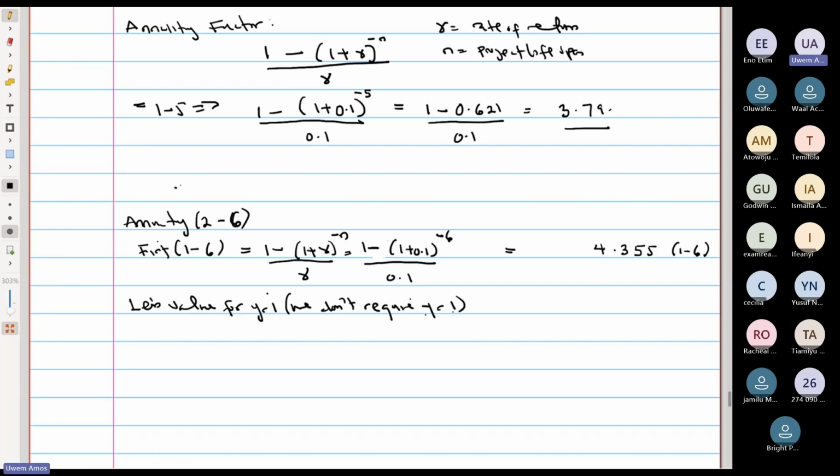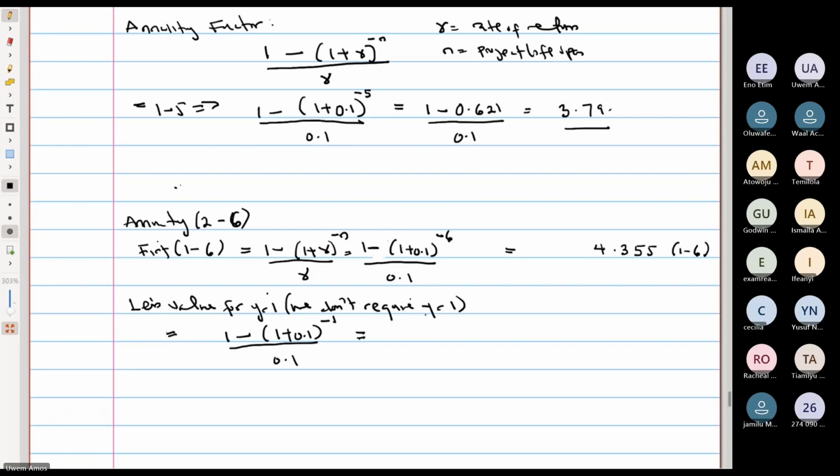So when you have year 1 to 6, and then you take out year 1, it leaves you with year 2 to 6. So let's determine what year 1 is, and then take it out. So that would be quickly 1 minus 1 plus 0.1 raised to the power of minus 1, which is year 1, divided by 0.1. So what do we have? On my calculator, I have 0.9091.